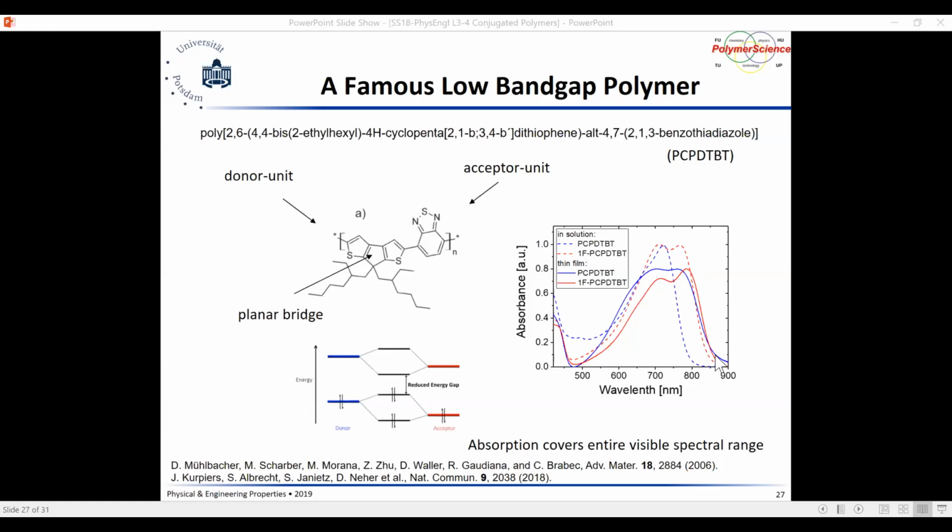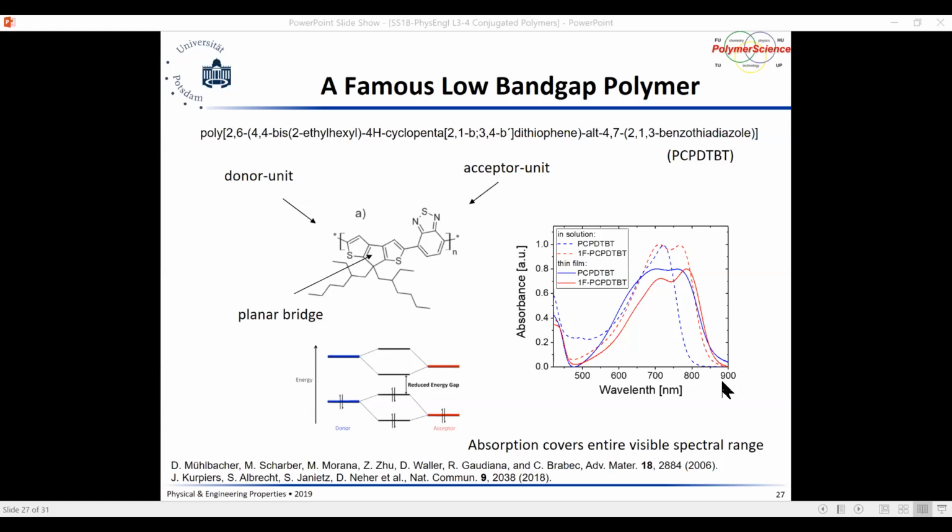But the other thing to note is that, as noted here, when you take the UV ground state absorption of PCPDTBT, you can see that especially in the film, the range from pretty much 500 nanometers to 900 nanometers is covered. So if you want to make a device where we want the light in this range to be covered, then PCPDTBT is a good example.